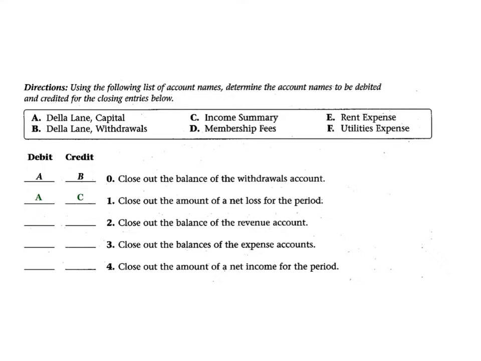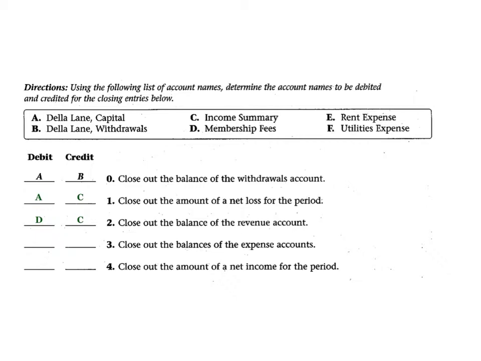The income summary prior to this step had a balance in the debit side, meaning a net loss. Closing out the balance of the revenue account will be a debit to membership fees, which is the only revenue account listed, and a credit to income summary.